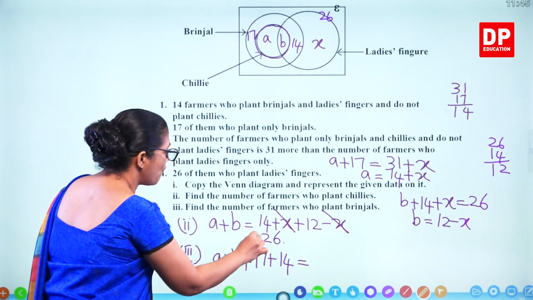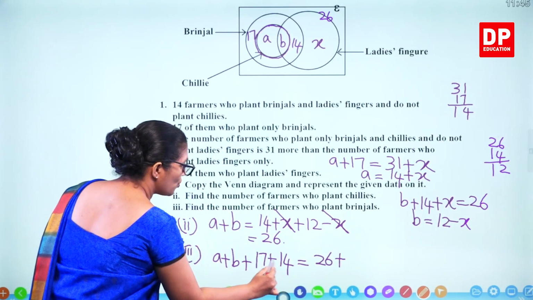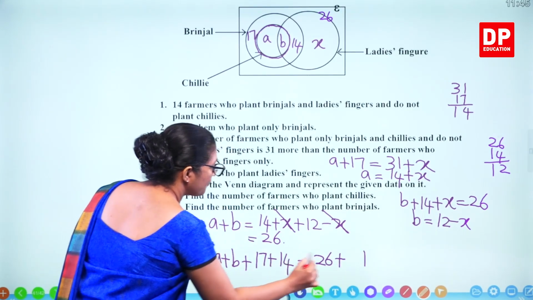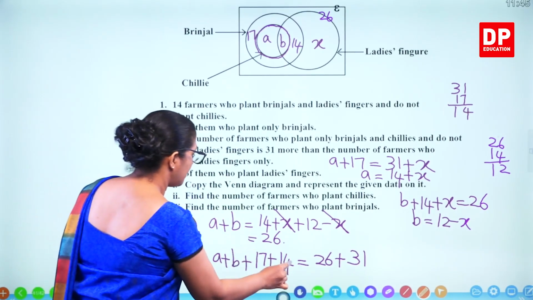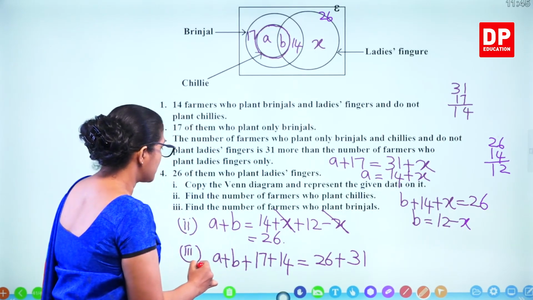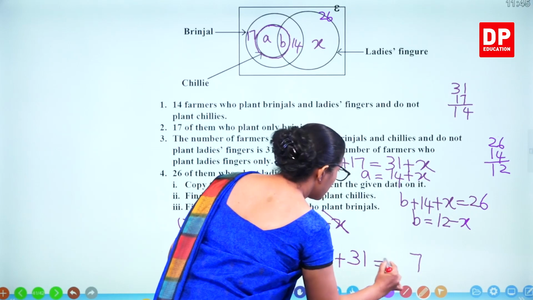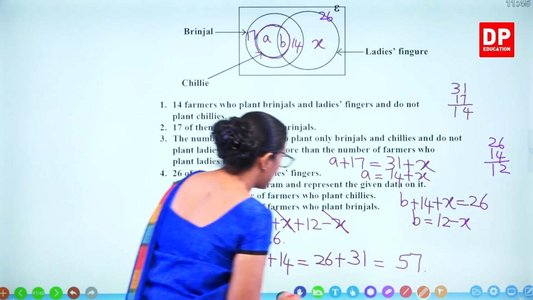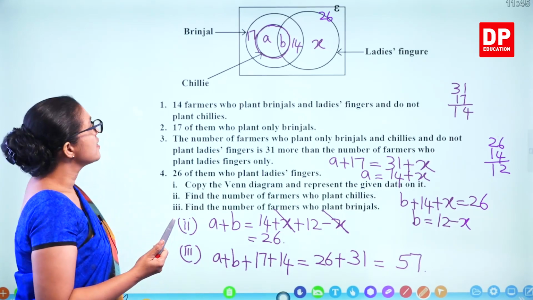A plus B we found 26. 26 plus these two, 31. So what's the total? 6 plus 1, 7. So 57 is the number of farmers who plant brinjals.